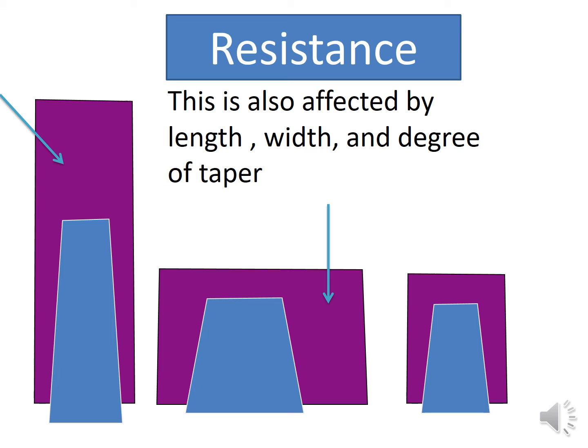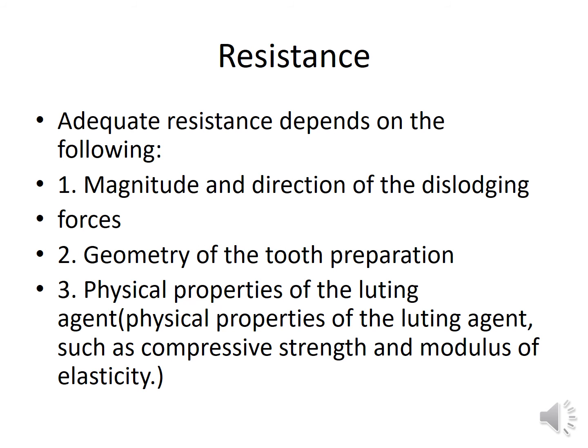All force should be transmitted to the abutment, okay? So adequate resistance depends on the following: the magnitude and the direction of the dislodgement force, the geometry of the tooth preparation, and the physical properties of the luting cement, okay?